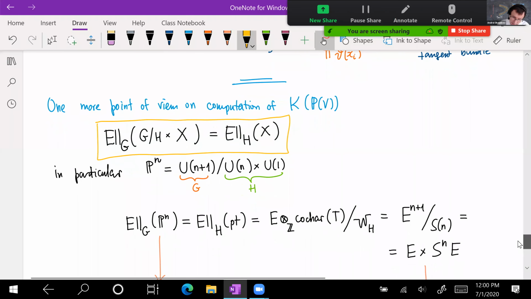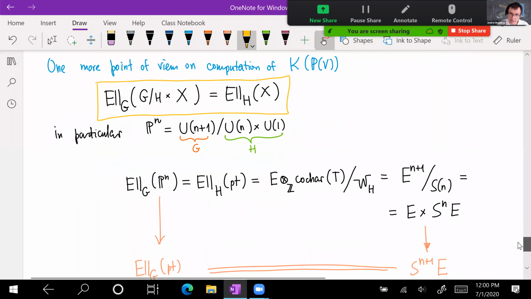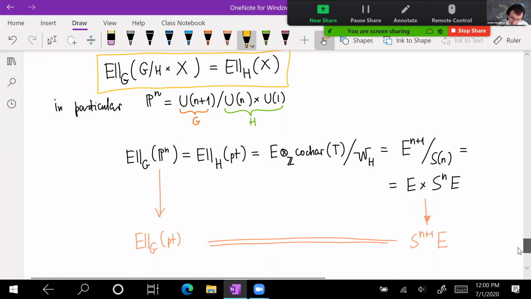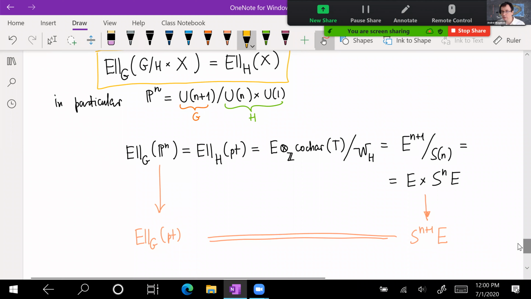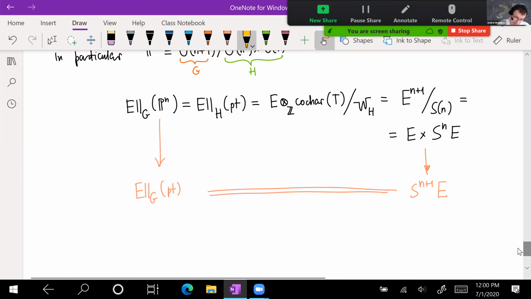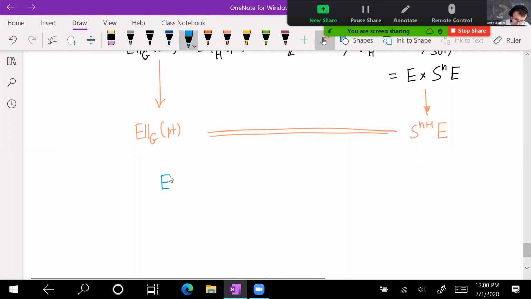That means that for any space X, since we've computed not just the cohomology of projective space but with respect to any bundle, particularly the trivial bundle, we have that elliptic cohomology of H of any space X is a pullback.